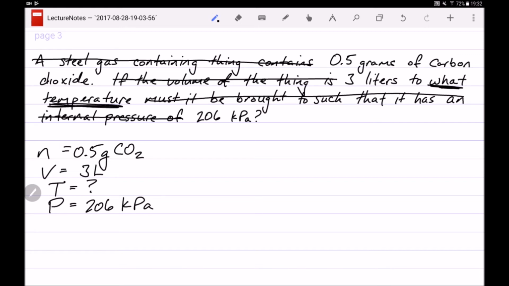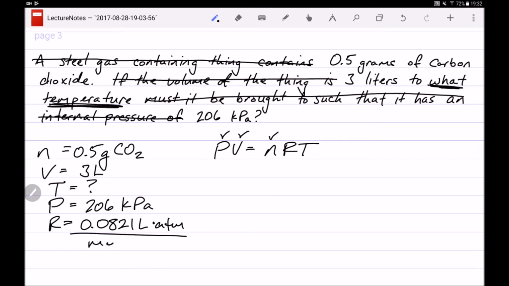And then I am going to start with the equation. PV equals nRT. Do I have a pressure? Yep. Do I have a volume? Yep. Do I have a number of moles? Probably. Do I have an R? Yes, I do. I always have R. It's always 0.0821 liter atmospheres per mole Kelvin.